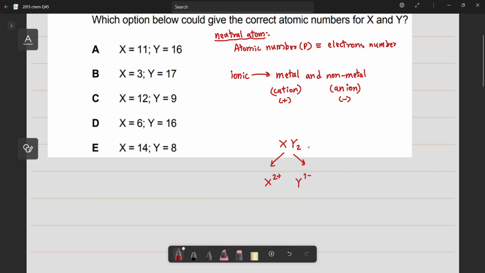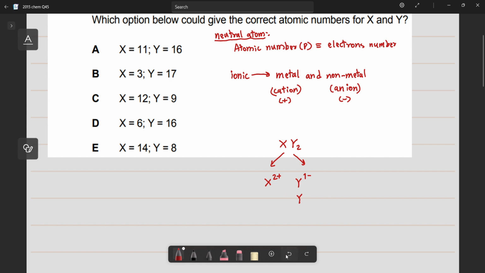Why is that? To balance the overall charge so that it is a neutral compound. So X must have a positive charge because it has lost 2 electrons. The Y ion has a negative charge, so there must be 2 Y ions, in total 2 Y, to gain 2 electrons from this cation X to balance the overall charge.